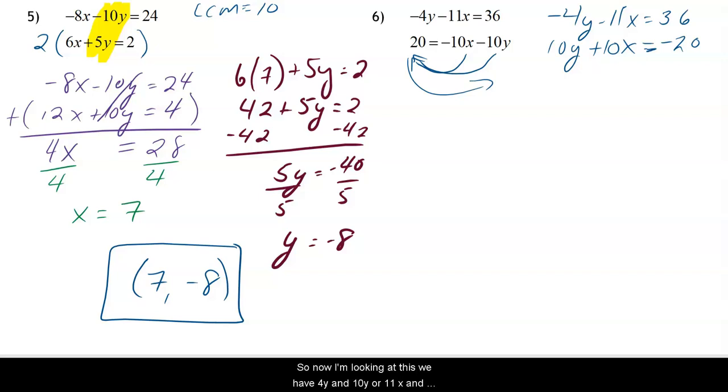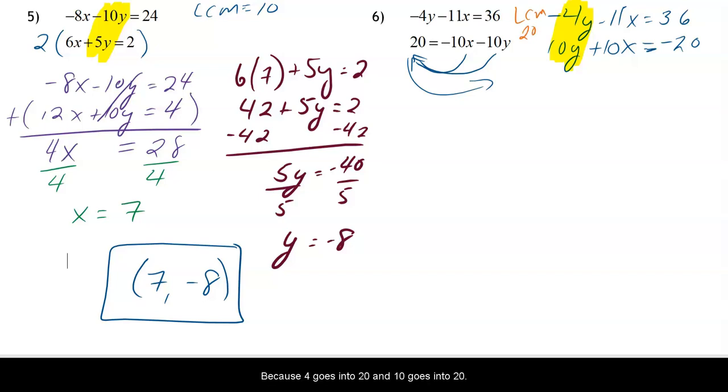Okay. So now, looking at this, we have 4y and 10y, or 11x and 10x. And I think 4 and 10 are going to be a lot easier to have an LCM with. The LCM for 4 and 10 would be 20.